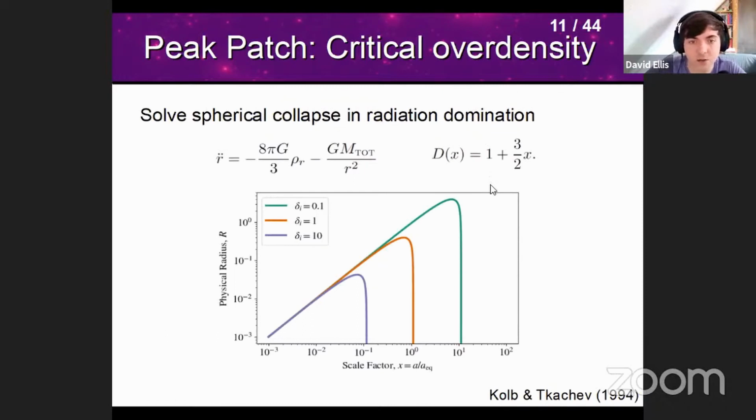But we need to relate this to the nonlinear evolution. And so we have to solve the spherical collapse of one of these overdensities, as done by Carpenter-Kirchhoff previously. And again, as I said, we now have to include the radiation density. So here's an example. As we would expect, higher initial overdensities collapse earlier. If we evolve this linearly, we can ask at what point does this overdensity collapse when it's linearly evolved?